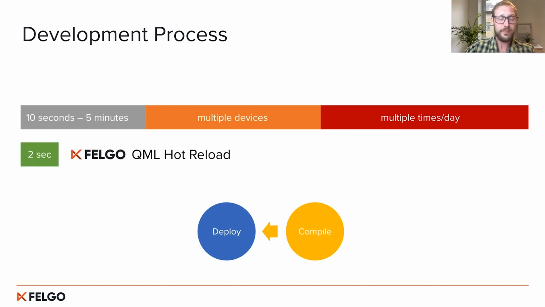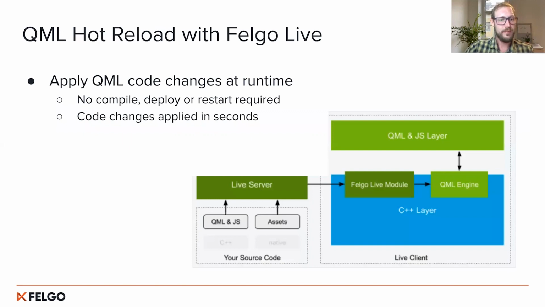stacks up a lot. And with the Felgo QML Hot Reload tool, you can reduce this time to 2 seconds. How does it work? As QML is such a flexible language, and it's actually interpreted and compiled at runtime by the QML engine, we can also apply QML code changes at runtime.